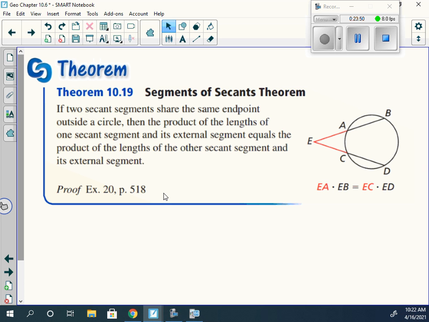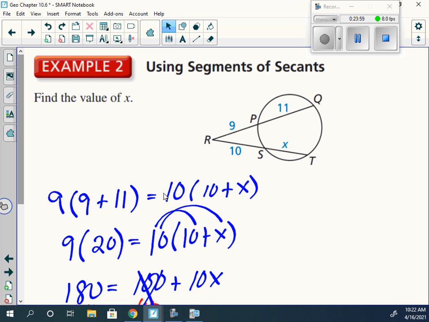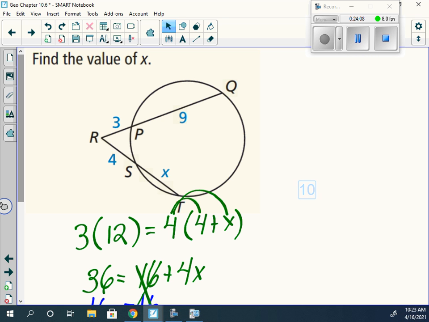So the two secant lines, products of the whole line and the part outside is equal to the whole line times the part outside. So when we set both of these up, so 9 is outside times the whole line, 9 plus 11, is equal to 10, the part outside, times 10 plus x. Is how we go about that here.